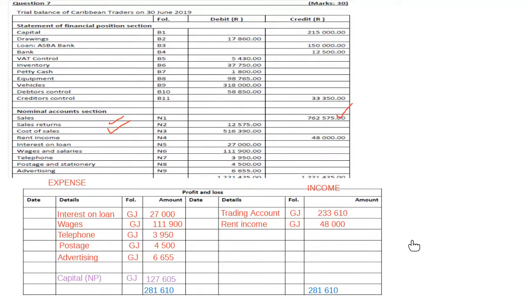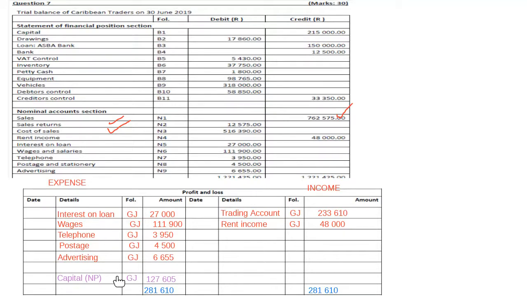The reason why we say capital here, remember this amount of 127 is the net profit. Can you see I said NP? NP means net profit. Net profit affects capital. By us writing capital here, it means the net profit is going to be transferred to the capital account. Do you understand now?